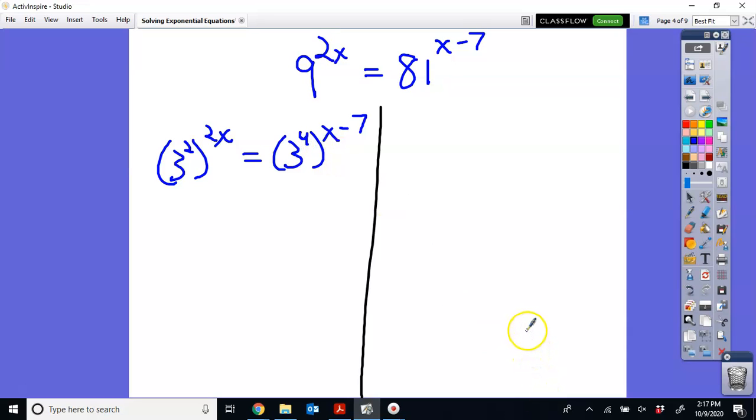You can use your calculator to help you if you can't get that in your head. That's one option. The other option, which is probably the one that most people will notice quicker, I think, if you got 9 to the 2x power, you can rewrite 81 as 9 to the 2nd power, and then the x minus 7. Either way, I'm going to get the same answer when I get done.